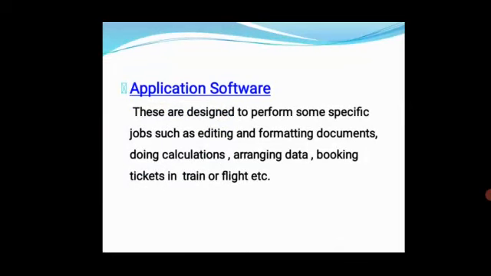We can arrange the data either in ascending order or in descending order, and also we can book flight tickets as well as train tickets. Many application software are available, but I have explained some to you. Application software is divided into two types. What are they? General purpose software, then customized software.